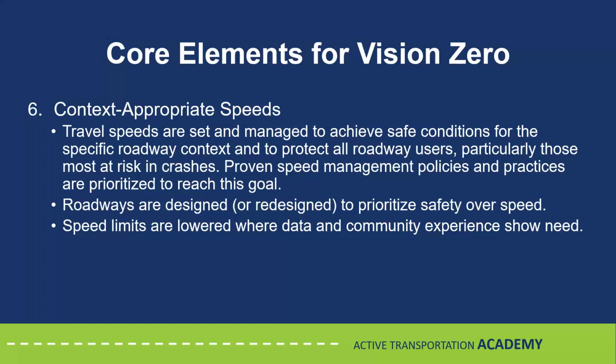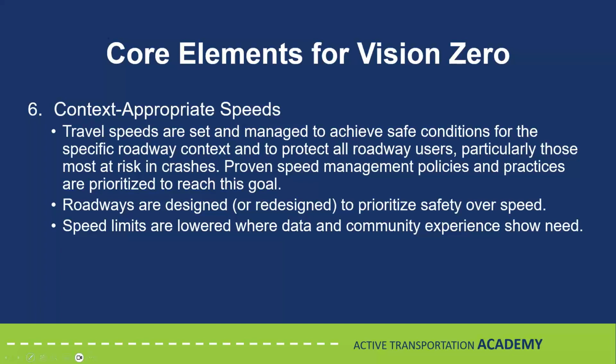The sixth core element is about context-appropriate speeds. So this means travel speeds are set and managed to achieve safe conditions for the specific roadway context and to protect all roadway users, particularly those most at risk in crashes.